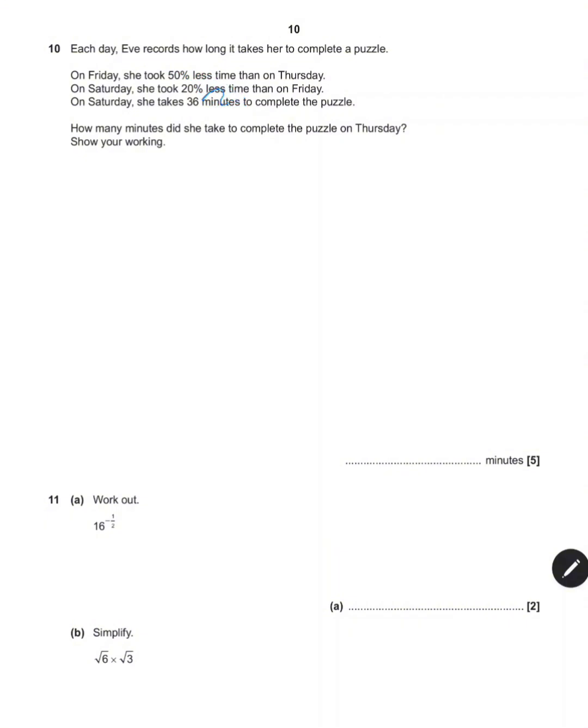So question 10, we've got a percentages question. And it's actually a reverse percentage question because what we've got is some information about percentages and then we've got the answer or the amount after percentages have been applied. This first line says on Friday she took 50% less time than on Thursday. So that is going to be where we're starting. We need somewhere to start and we're going to start and say that Thursday is 100%.